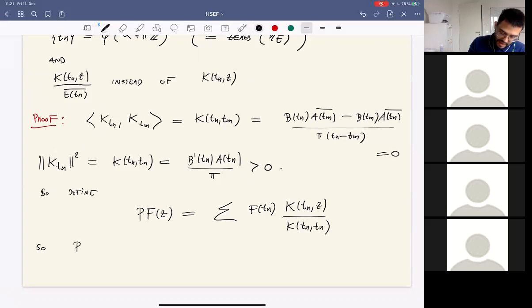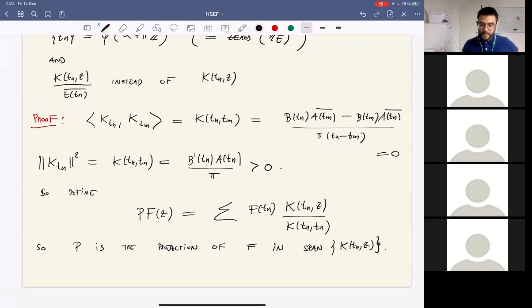So P is the projection of F in the span of these functions. Okay, so that's why I'm calling it P. And I just have to show that P of F equals F for every F.